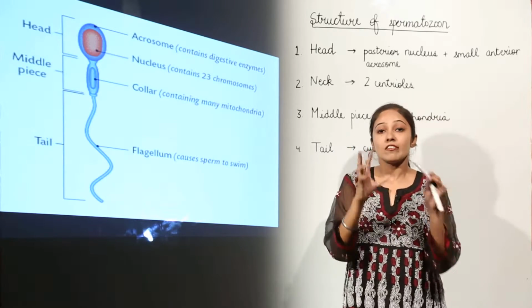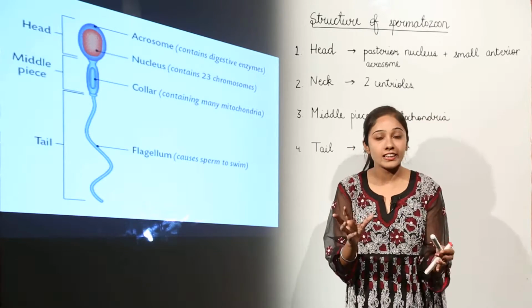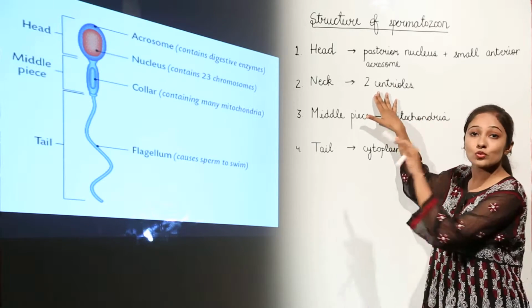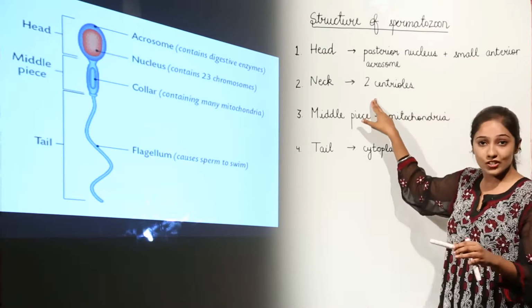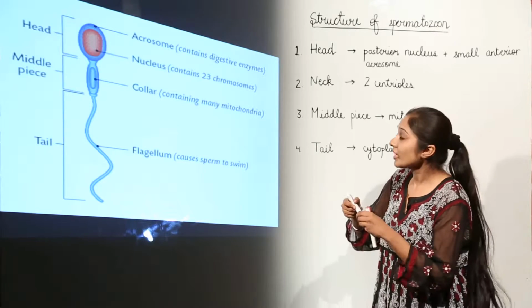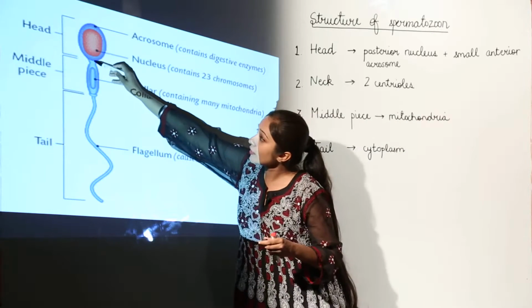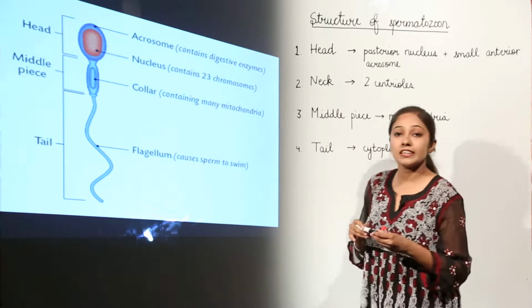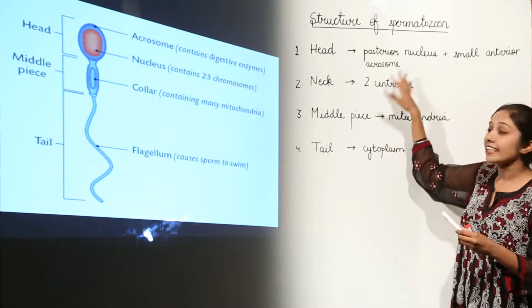When we have a zygote, a fertilized egg, the first cleavage is due to one of these 2 centrioles, and the second centriole is going to help in the formation of an axial filament. We could see one axial filament arising from here and ending up here.